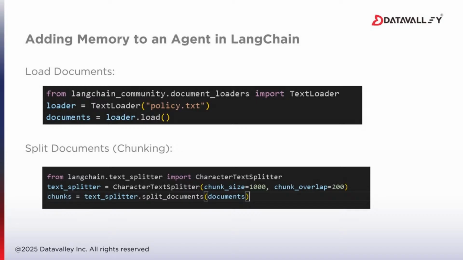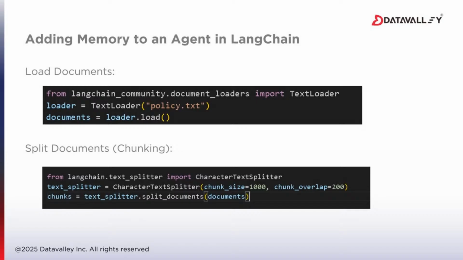Imagine we are just uploading that text file. Here, if you see, I have mentioned policy.txt. This is the file which has our company policies. This is the file we want to store in our vector database.